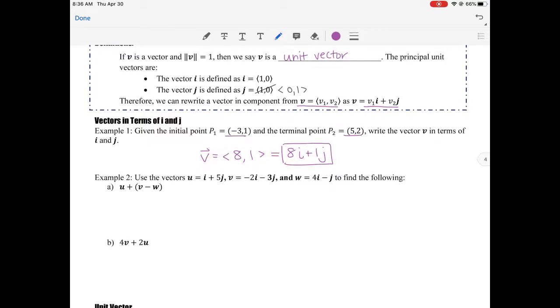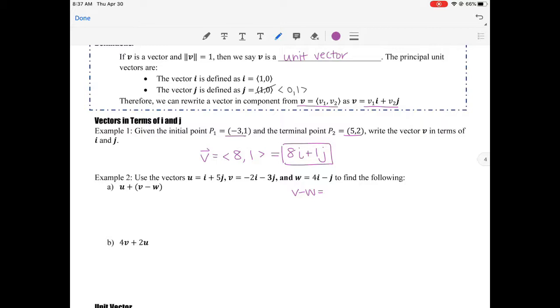So now on this next one, let's do some operations. Just like we did last time, the way that we do these operations is we combine the i's, like the x components, and we combine the y's, or the j components here, right? So if we wanted to think about u plus v minus w, I may actually start over here and just do v minus w.